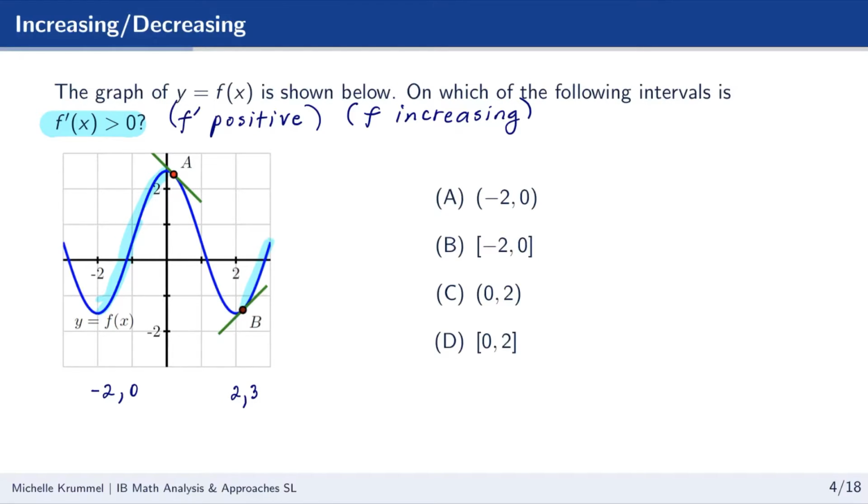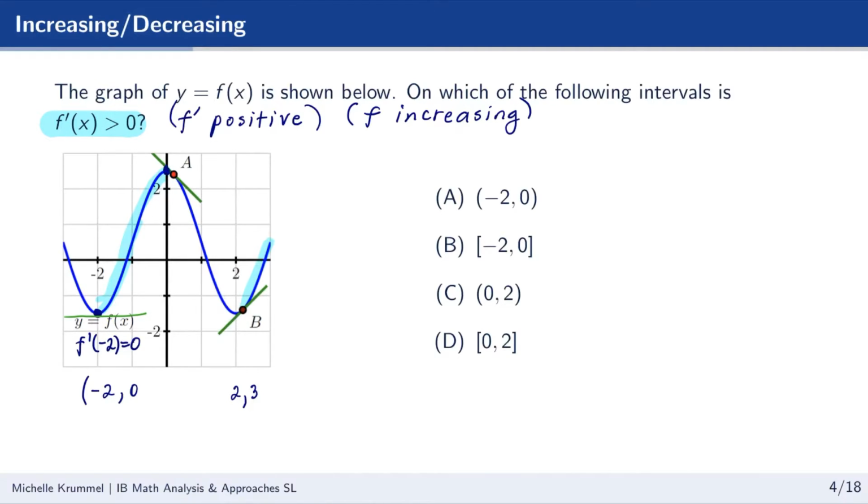Should we include the endpoints? Well, at this endpoint, f prime of -2, the slope of the curve, or the slope of the tangent line, is 0. And 0 is not positive, so we're not going to say that f is increasing at that point. We're not going to include the endpoint there.